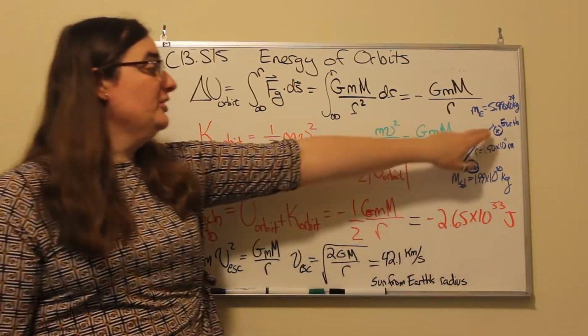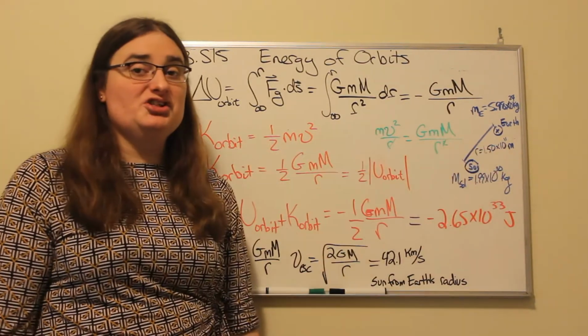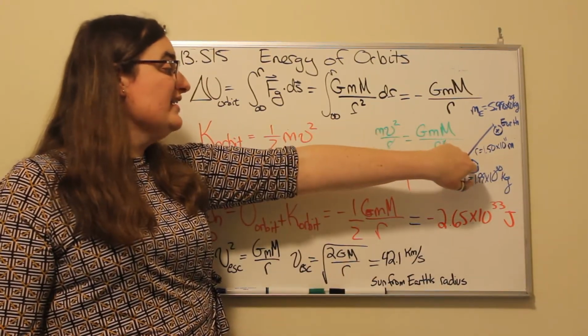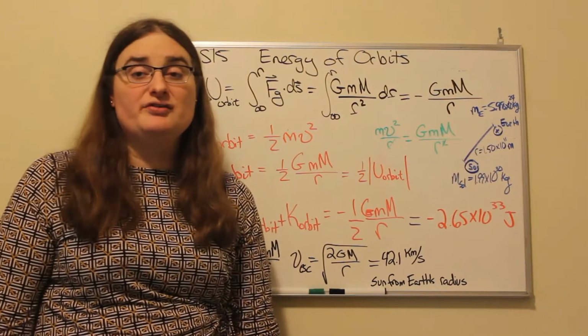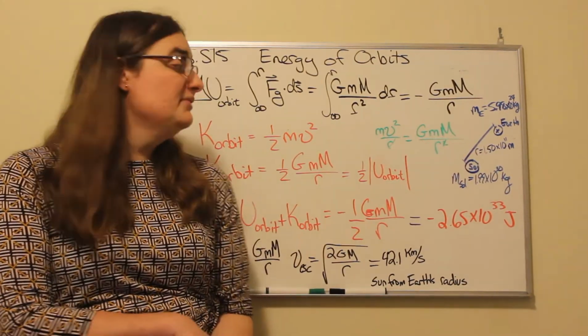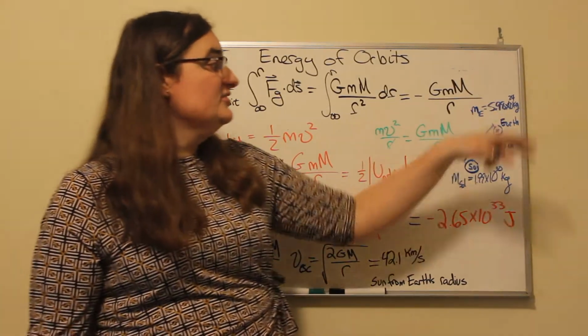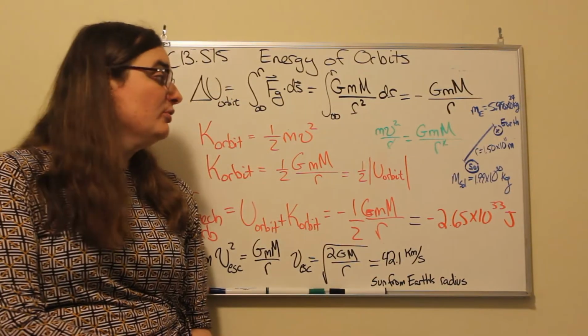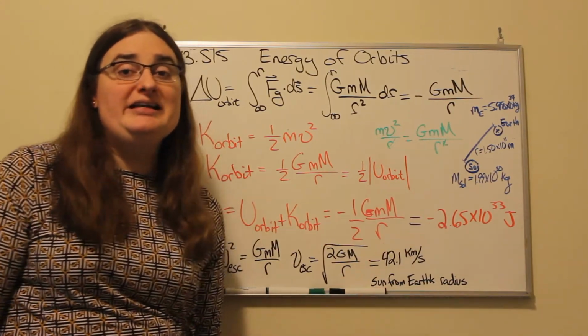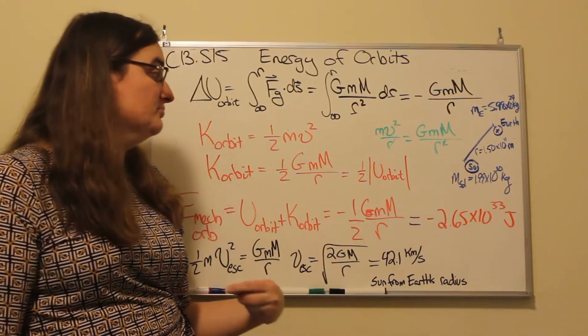So if we take a look at our planet, Earth, orbiting around our star, the Sun, or Sol, the orbital radius from the center of the Sun to the center of Earth is 1.50 times 10 to the 11 meters. The mass of Earth is 5.98 times 10 to the 24 kilograms, and the mass of the Sun is 1.99 times 10 to the 30 kilograms.